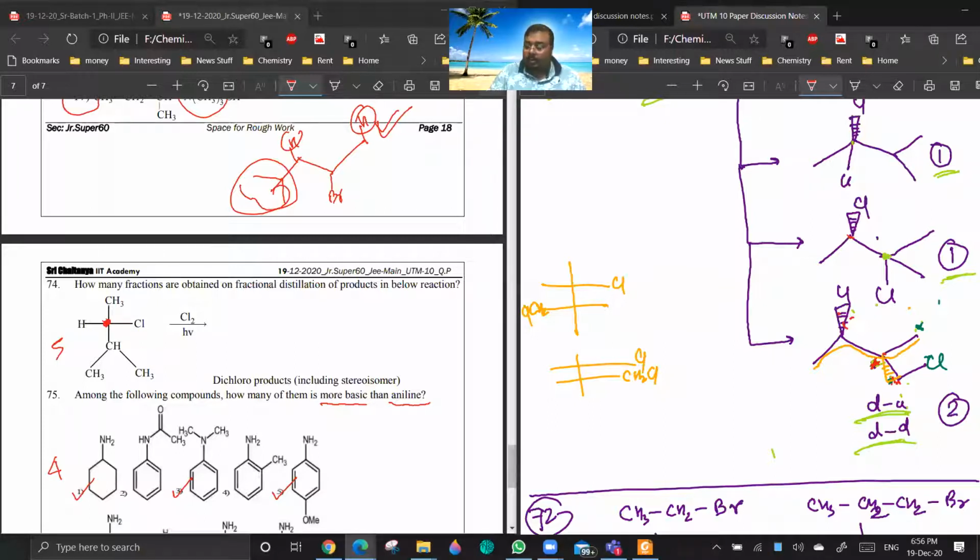So you get a down up and a down down stereoisomer. So these two will be diastereomers. Any other question or doubt?